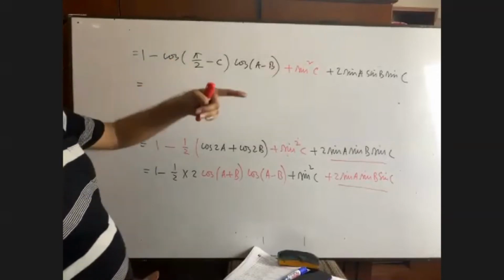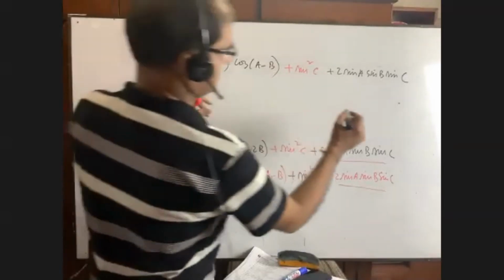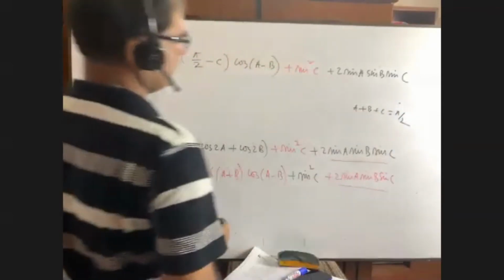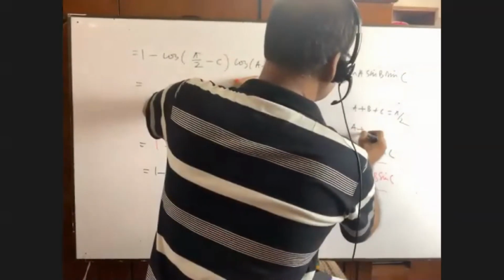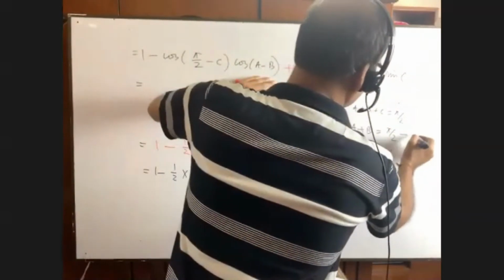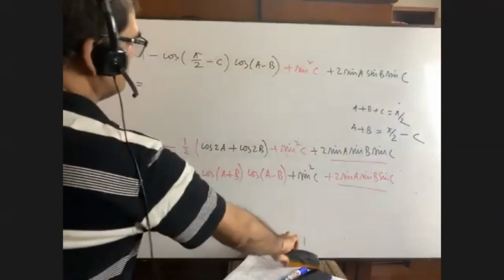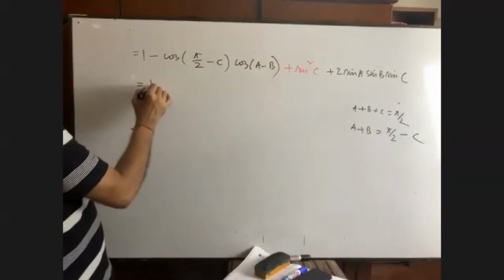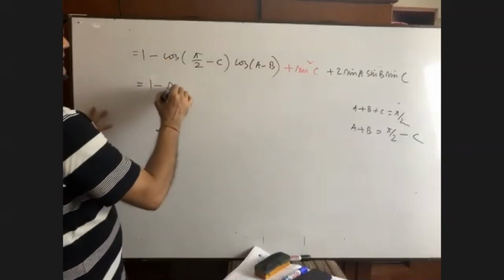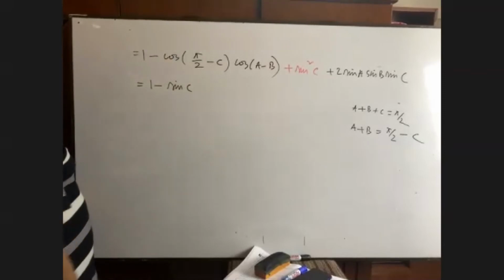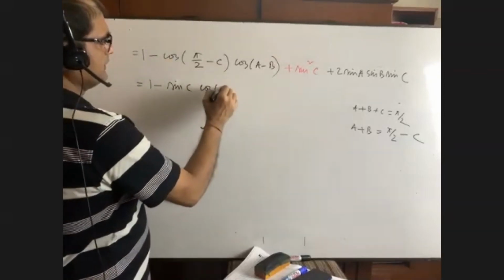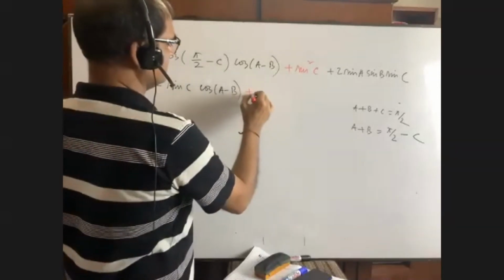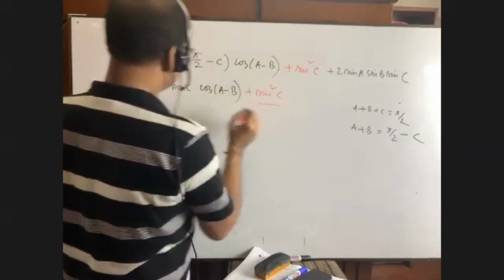So A plus B equals pi by 2 minus C. Now we are getting here 1 minus sin C, cosine of A minus B. You see, we have got again sin C cos C, so that we can take sin C common.